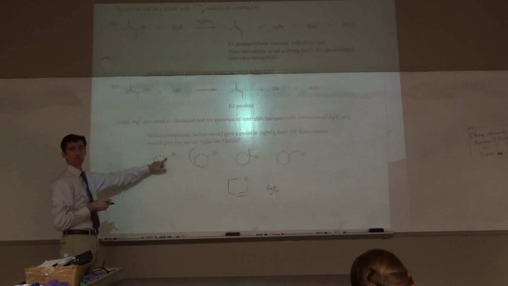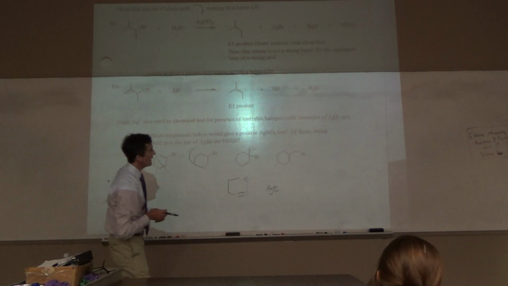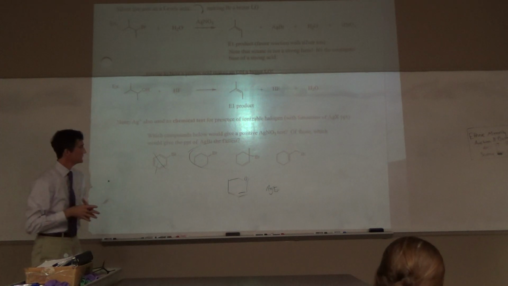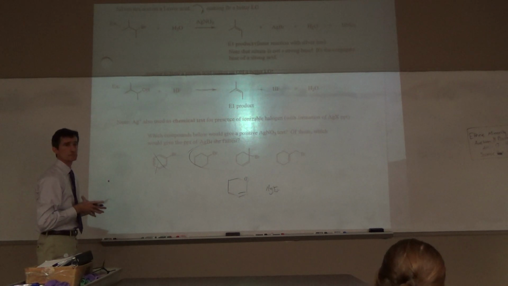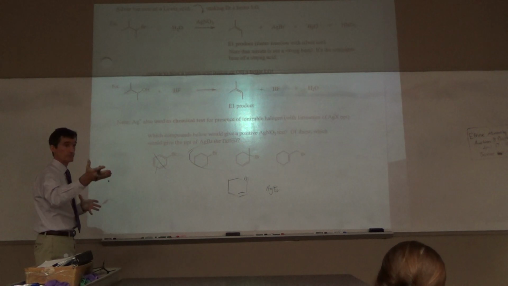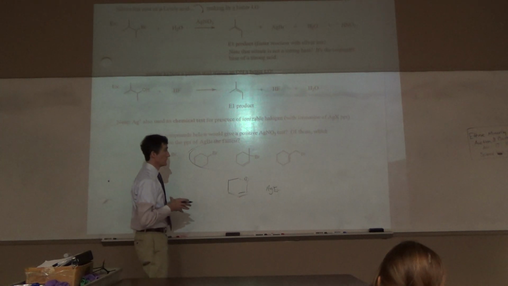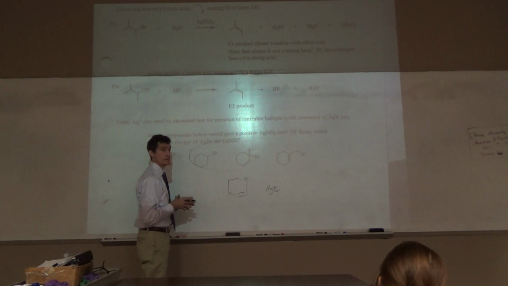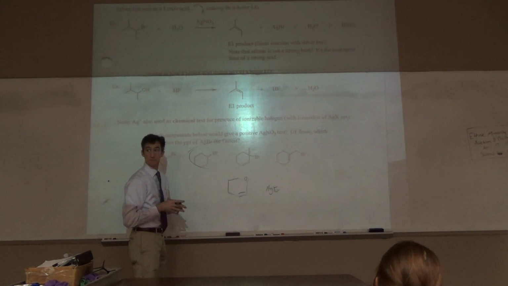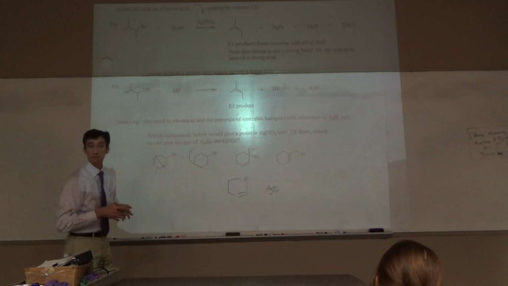It would not be resonance stabilized. It would be worse than a primary carbocation. Those three. Of those, which would give the precipitate of silver bromide the fastest? Which cation would be best? It's tertiary and it's resonance stabilized.